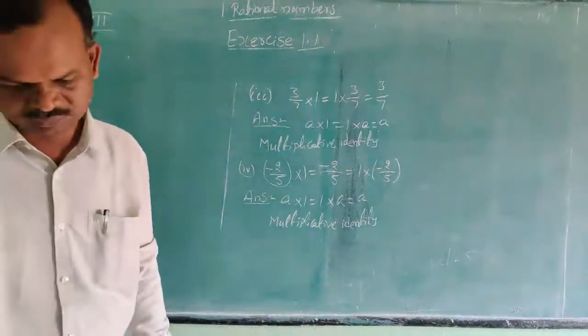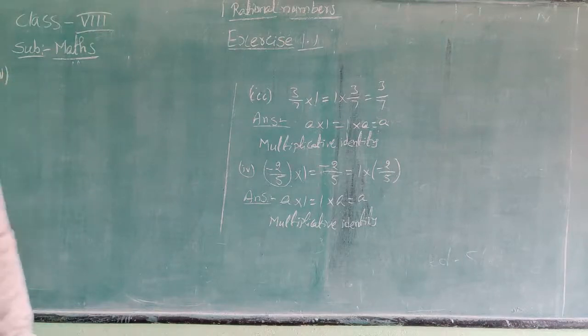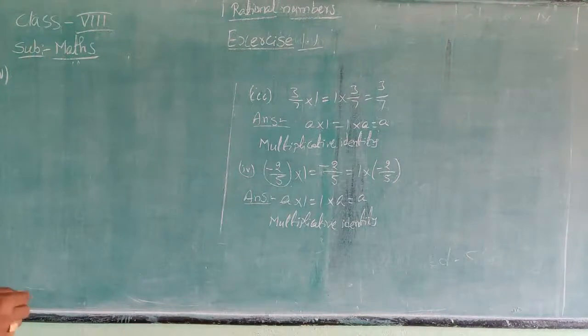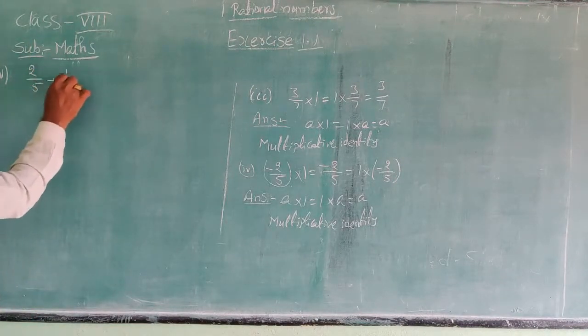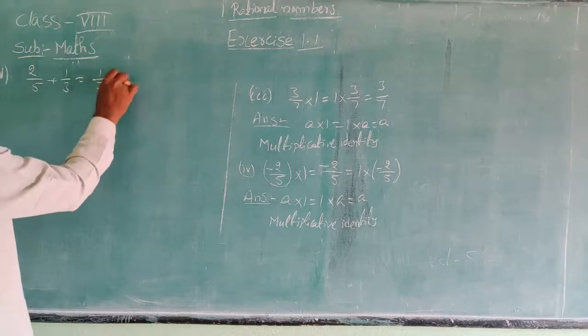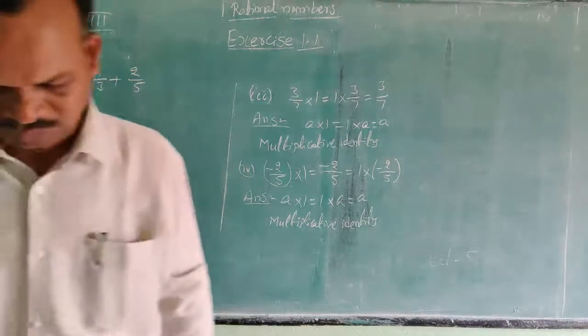So 1 by 3 plus 2 by 5 is equal to 2 by 5 plus 1 by 3.